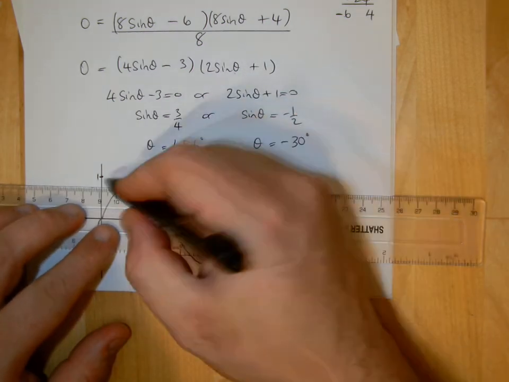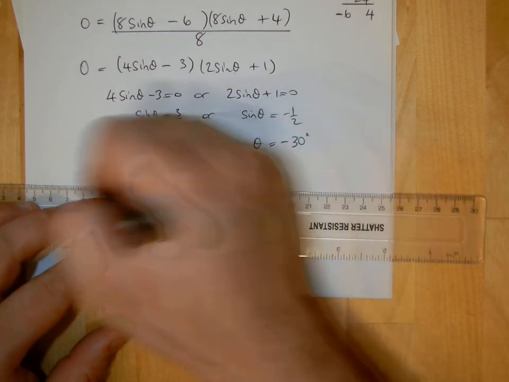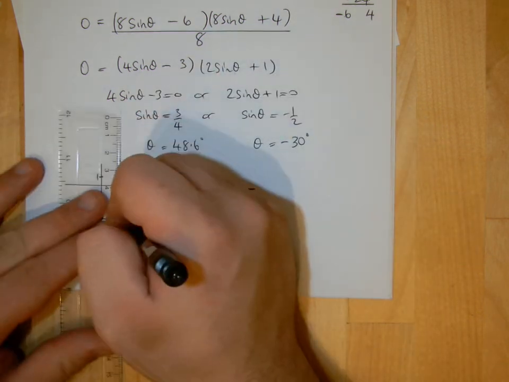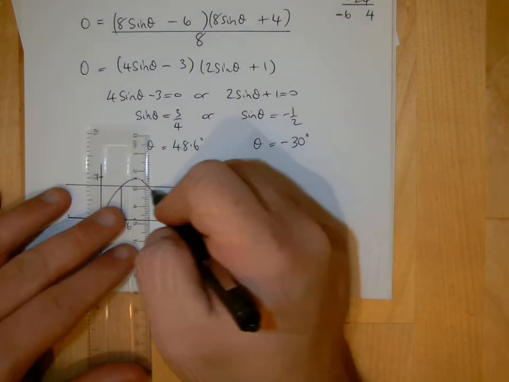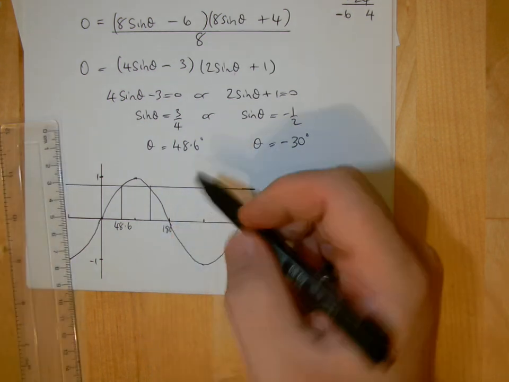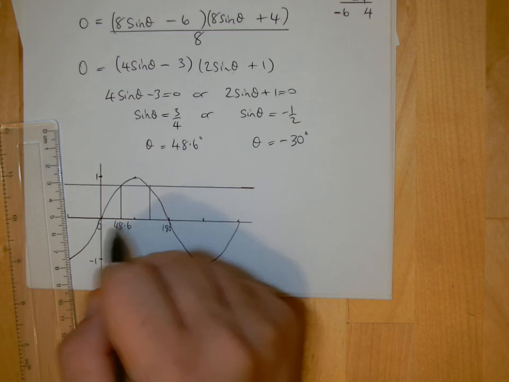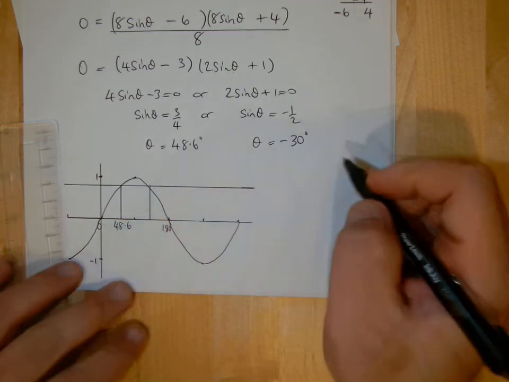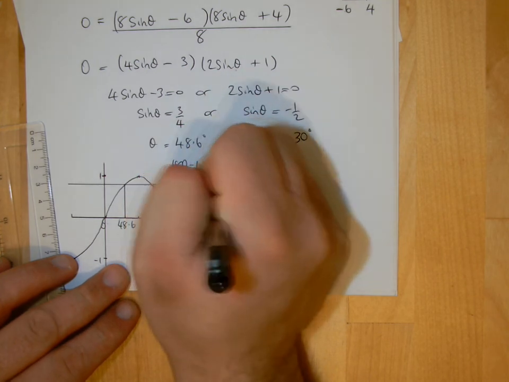So there's 1 there, so 3/4 is about there. So there's our 48.6 here, and it cuts the graph there. So just symmetry now, because that's 180. So the distance across there is 48.6, so we're going to go back 48.6. So the other result will be 180 minus 48.6.